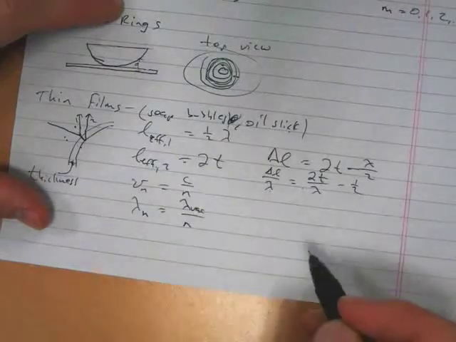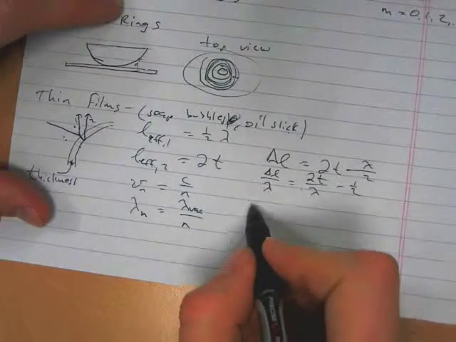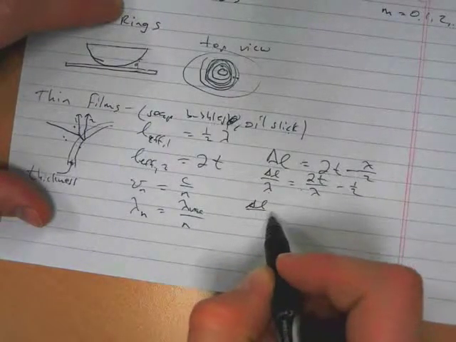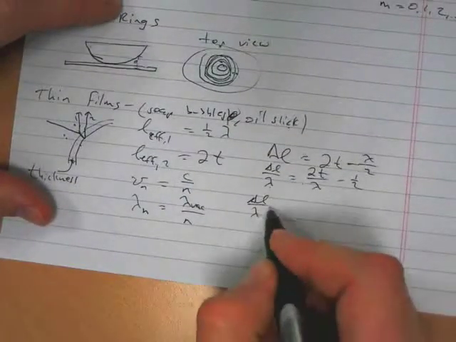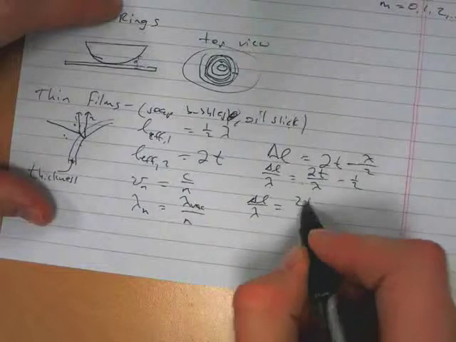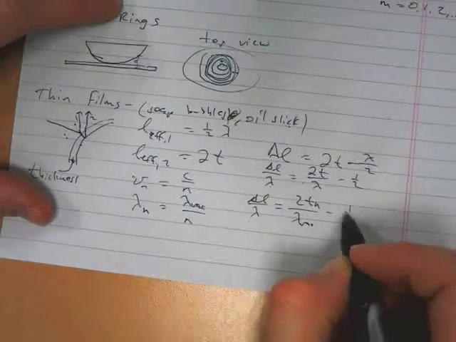So, if I plug that in, I've got delta L over my wavelength is equal to 2nt over the vacuum wavelength minus a half.